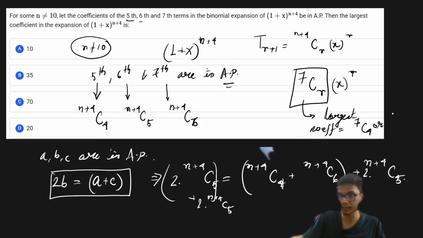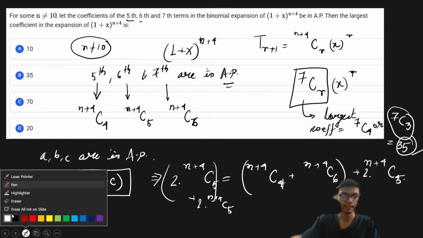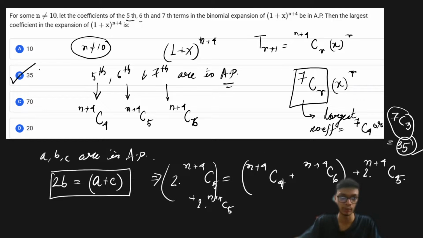Whenever n is odd, the maximum value of the coefficient occurs when r is equal to (n minus 1) by 2 or (n plus 1) by 2. That is what you have to understand. And 7C3 is going to be equal to 35. So the largest coefficient for this problem is 35. That is option number B over here.